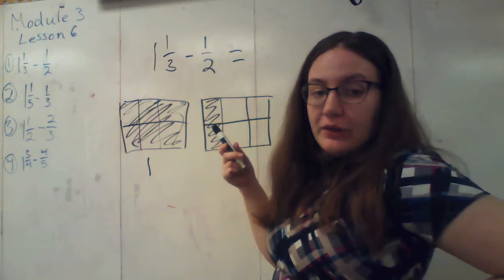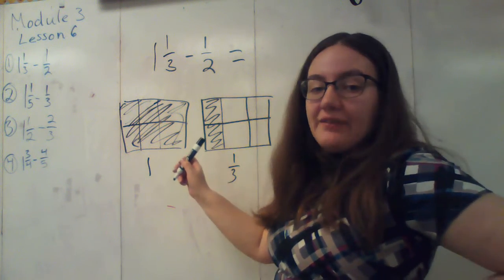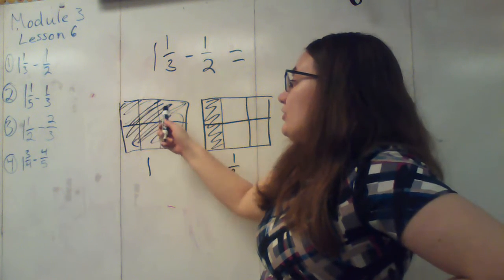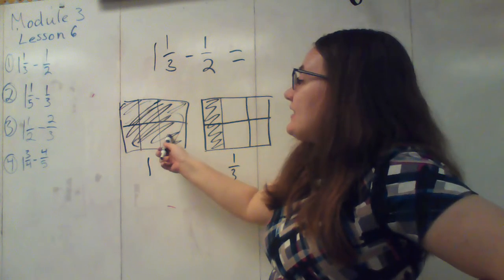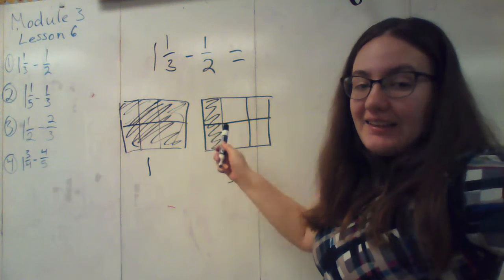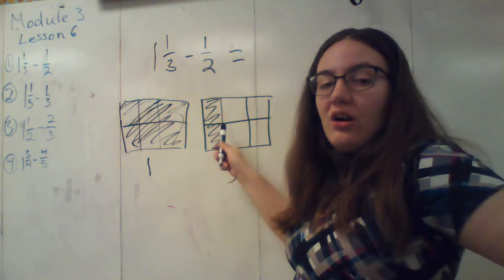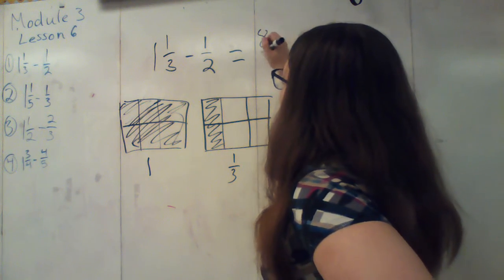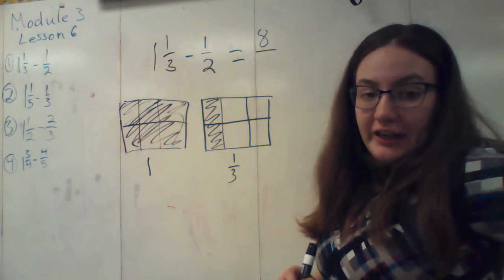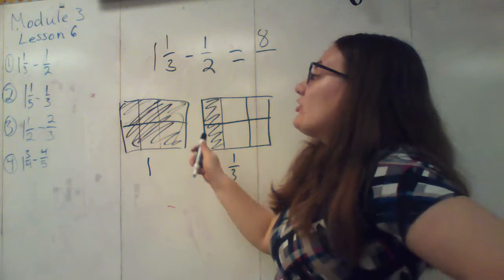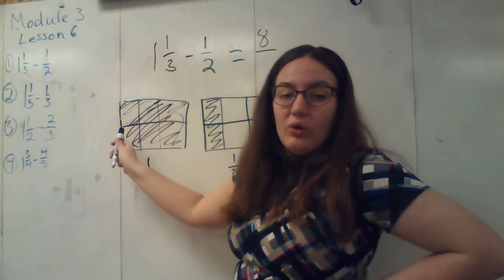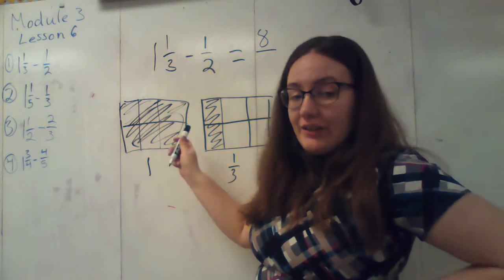In order to create my equivalent fraction, I have to count up all of my shaded in boxes. So I have 1, 2, 3, 4, 5, 6, 7, 8. You have to count up all of the boxes that are shaded in. So I'm going to write 8 in my numerator. And then out of my whole, I'm going to count the total boxes just from the whole.